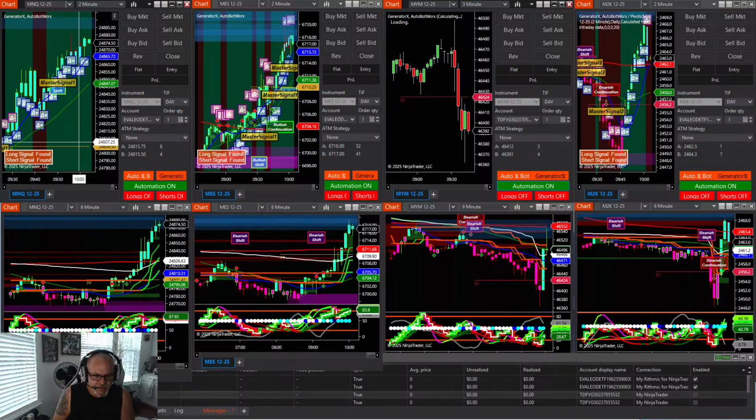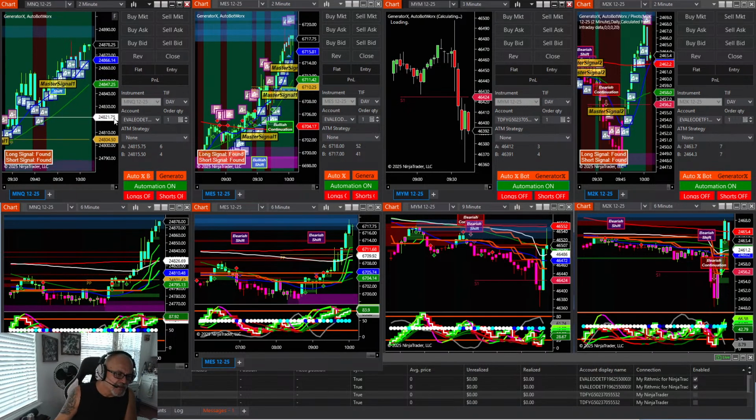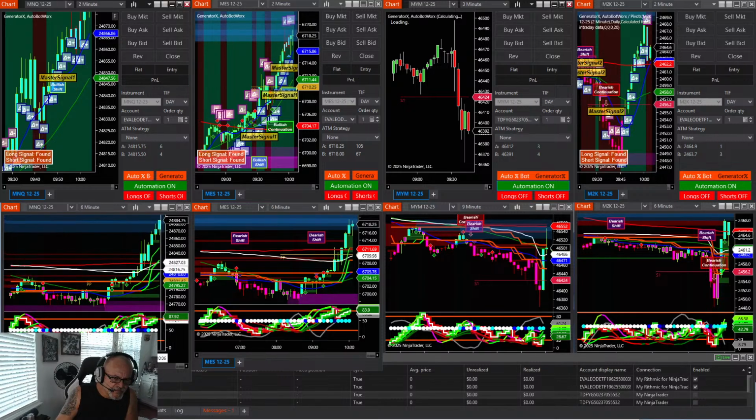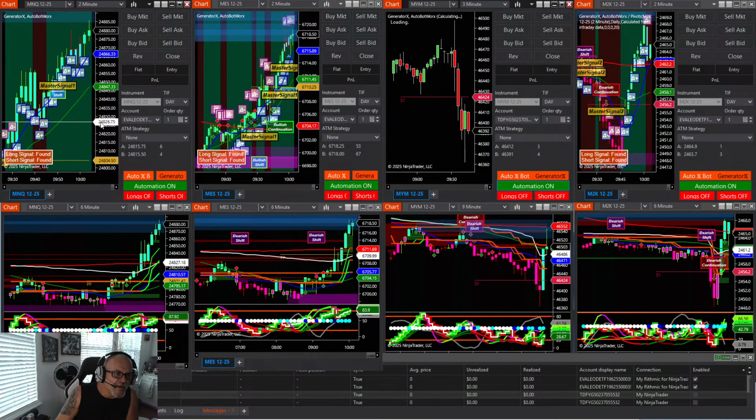ES is setting up pretty good too. We could just have a pullback back to the pivot point, or a pullback to the 9 SMA. There we go. There's that nice little push up. Breaking the high there.